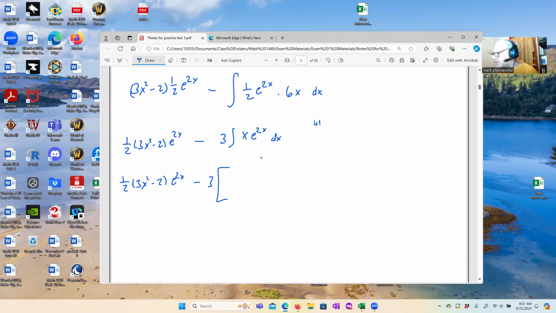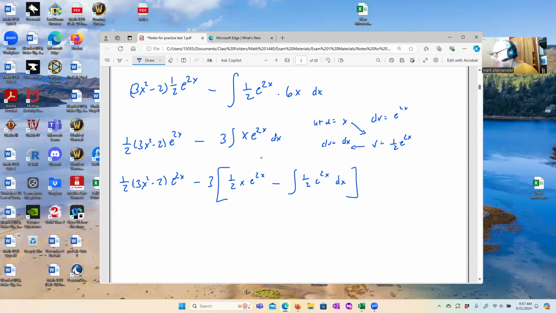We're going to say let u equals x, du equals dx, dv equals e to the 2x dx, v equals 1/2 e to the 2x. Okay, so we need this again. This is going to be 1/2 x e to the 2x minus the integral of 1/2 e to the 2x dx. That's this piece right here.